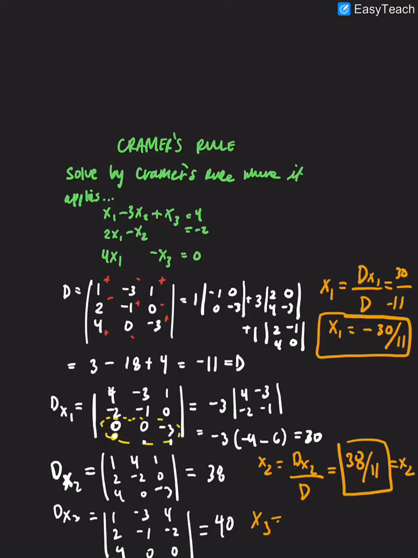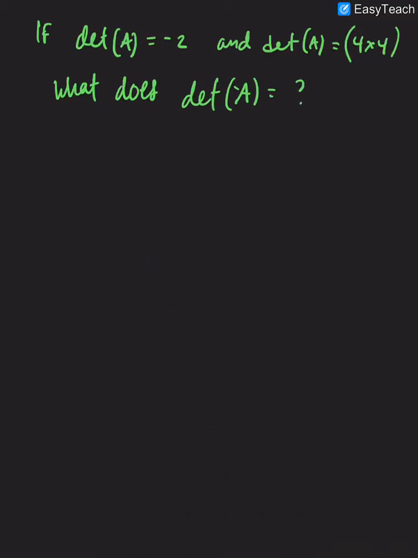So now x3, same thing, dx3 over d is going to equal 40, that was ugly, over negative 11. And that's a negative. Equals x3. And that is how you do Cramer's rule to figure out your unknown variables.